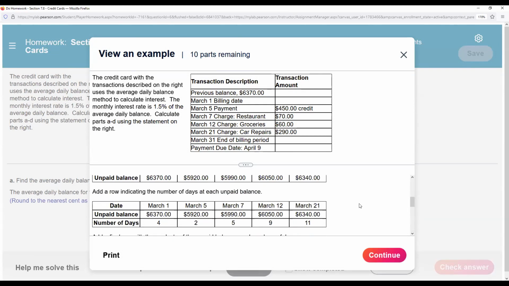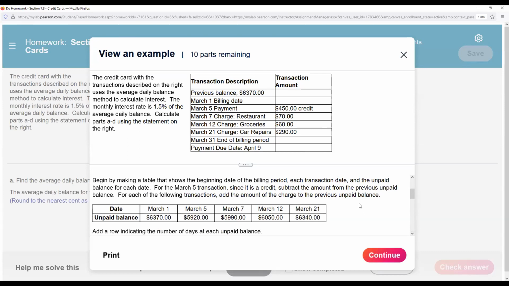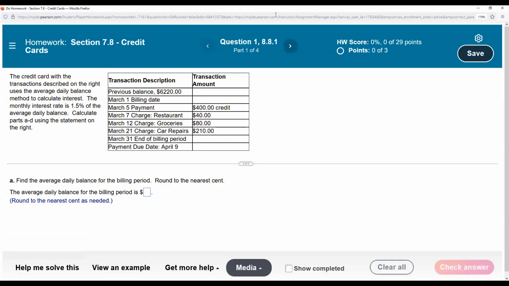We'll stop here. It's a little more complex. We're gonna have to find the number of days that it stayed at each balance and figure that out, add them all up, then divide by 31. So 31 or 30? Turns out they said 31, so they're counting one. Yeah. Anyway, we'll stop here. We'll finish chapter 7 and then start statistics on Thursday.